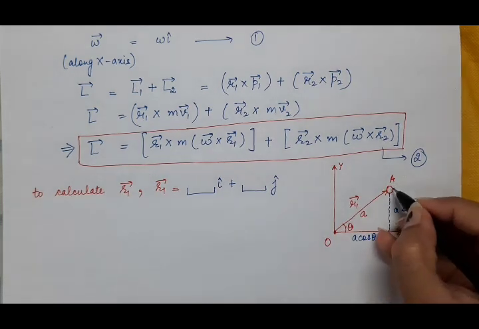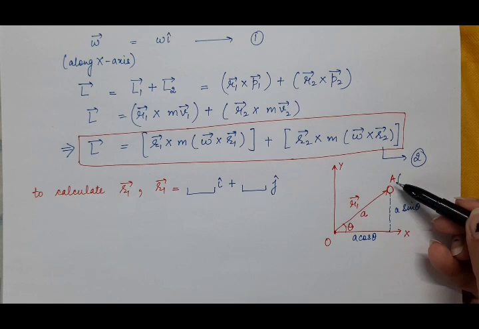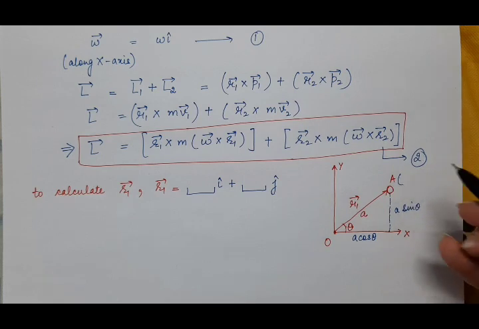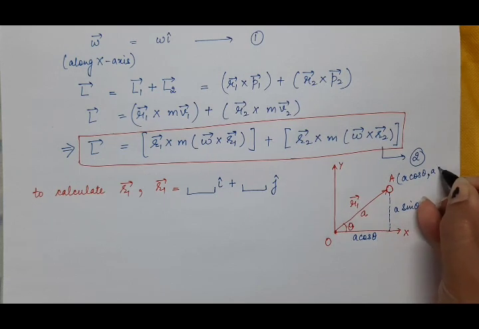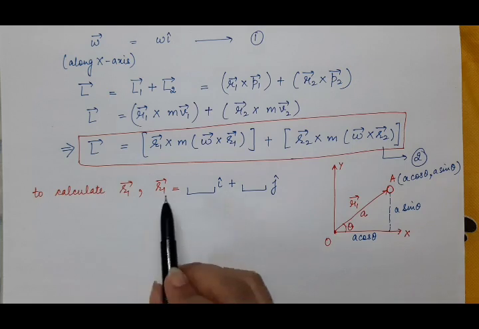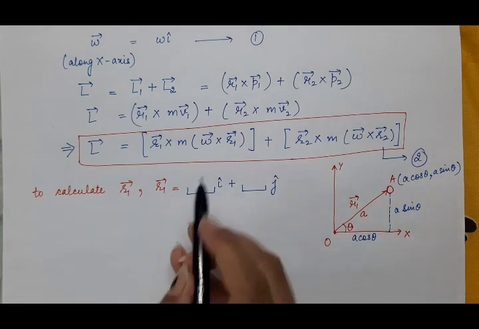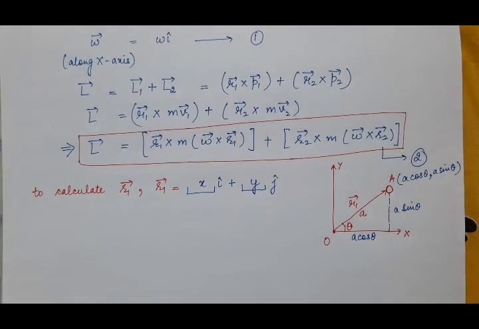It means the coordinates of this point A, as this point A lies in the first quadrant, will be a cos theta and a sin theta. And we know that any position vector in xy plane is equal to x i cap plus y j cap.